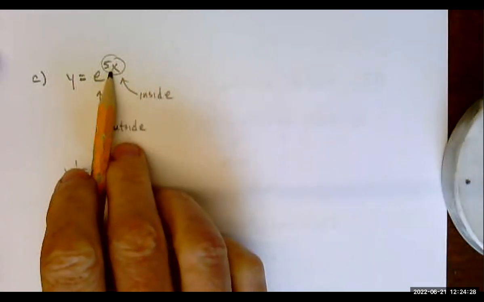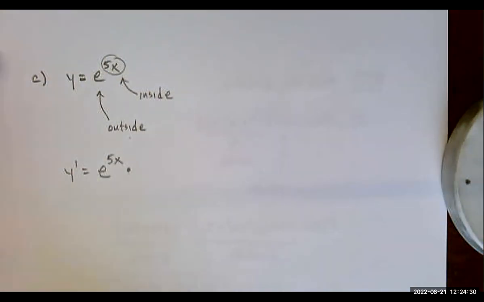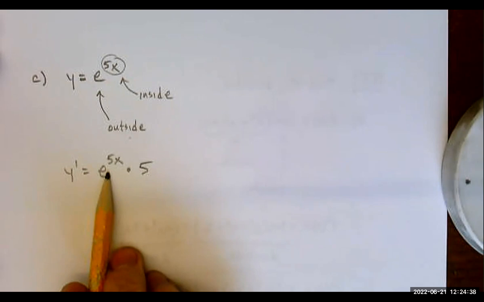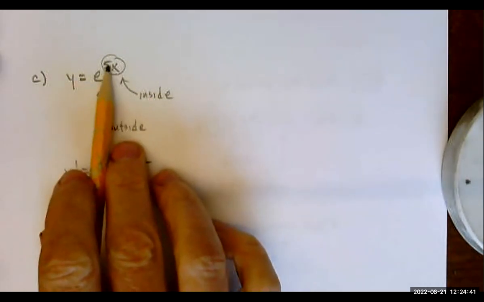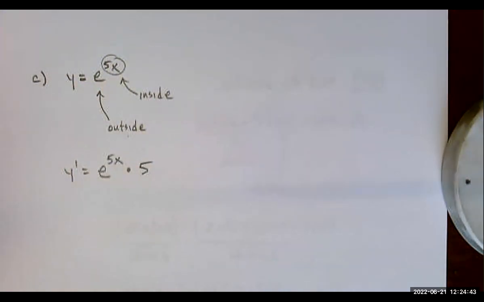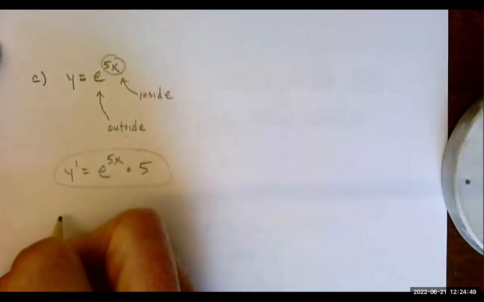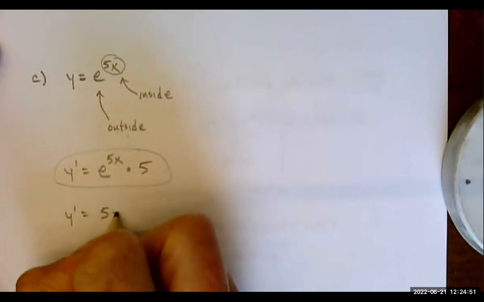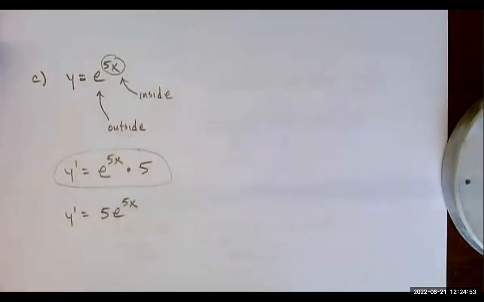Then we have to multiply by the derivative of the 5x, which is 5. So there you are, the derivative of e to the 5x. It is itself, but then you multiply by the derivative of that exponent, which here is 5. So there's your unsimplified version. And if you wanted a simplified version, now you can put the 5 in front.